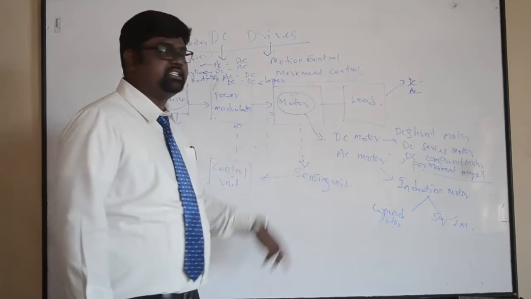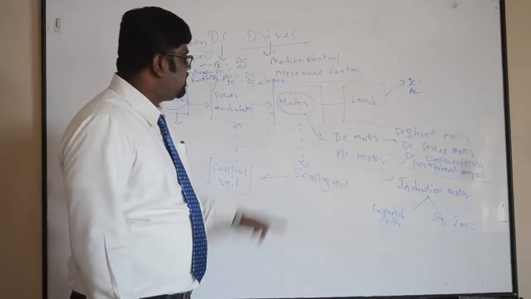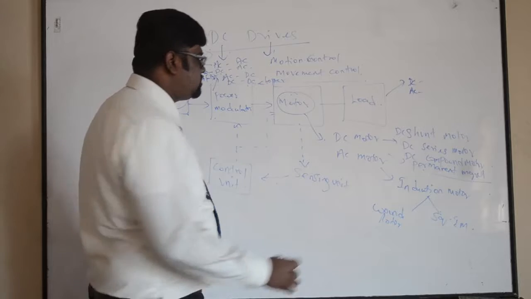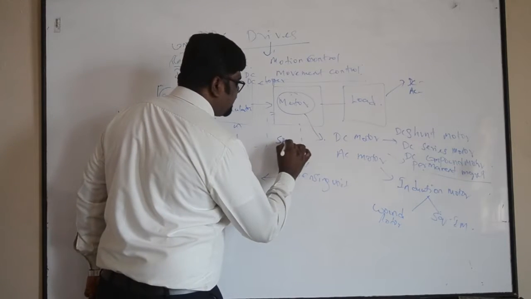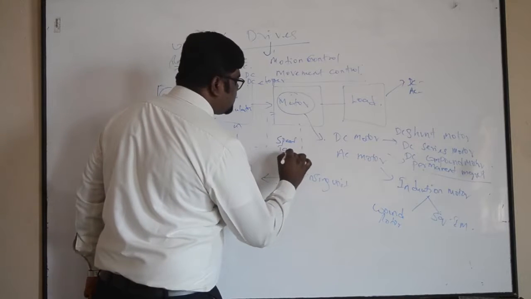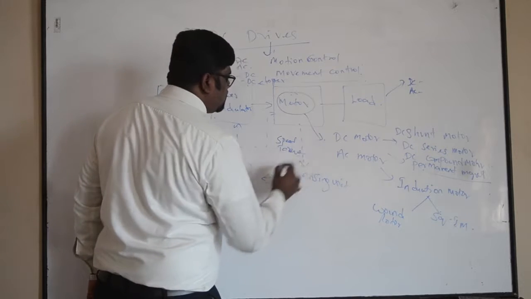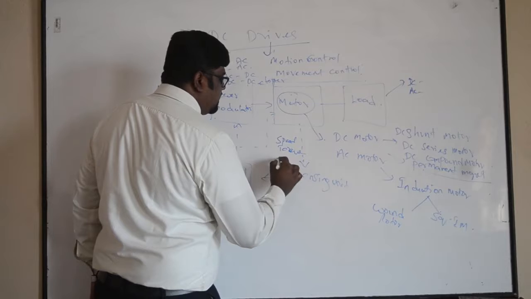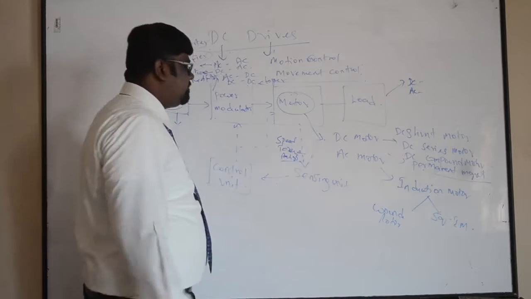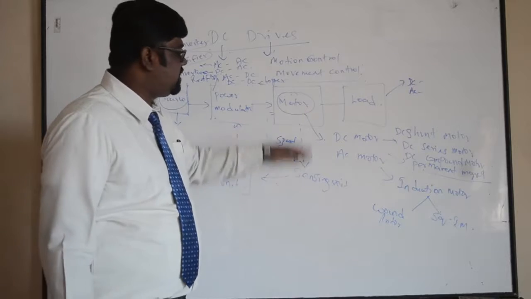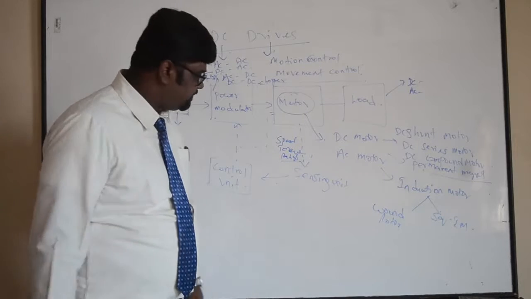And what is the use of the sensing unit here? It can be used to sense the motor's speed and even torque, or even all the ratings; everything can be sensed by the sensing unit.